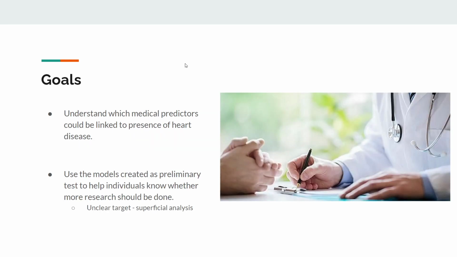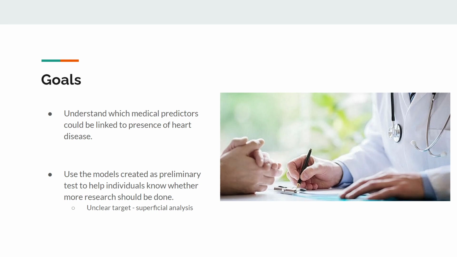So what I wanted to do with this data was understand which medical predictors could be linked to the presence of heart disease in individuals. So we can analyze what goes into heart disease, and also hopefully use the model as a preliminary test to help individuals know whether more research should be done into their specific condition.